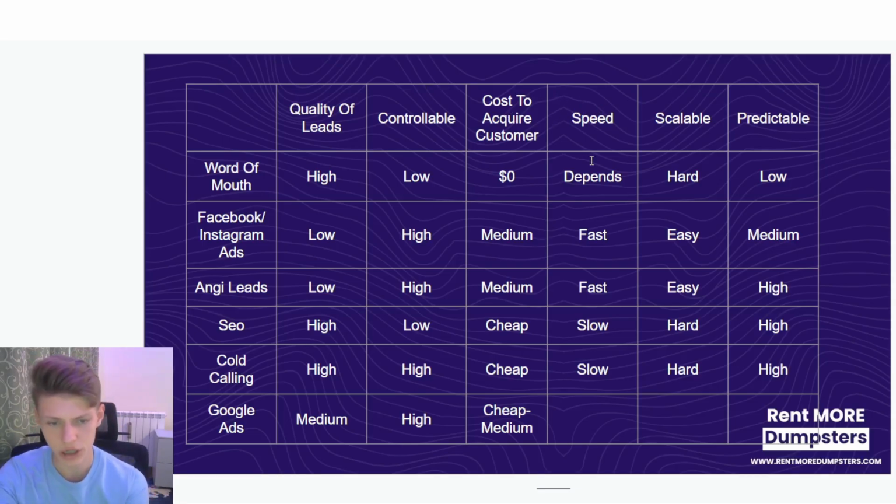When it comes to speed, it's pretty fast. Like with any type of ads, you are going to get your leads and your customers, because first of all you will for sure appear on their Google search page.